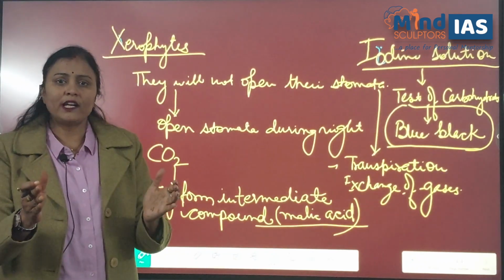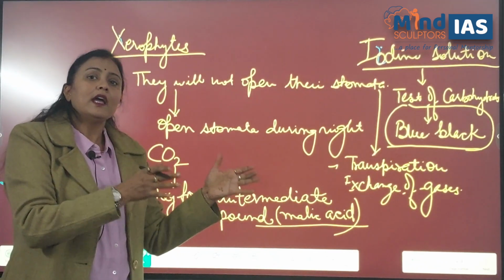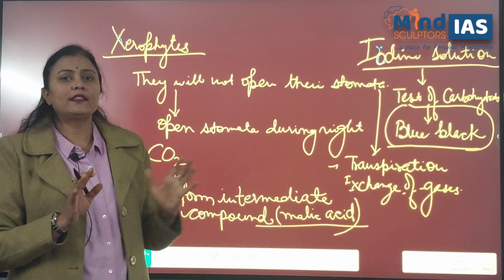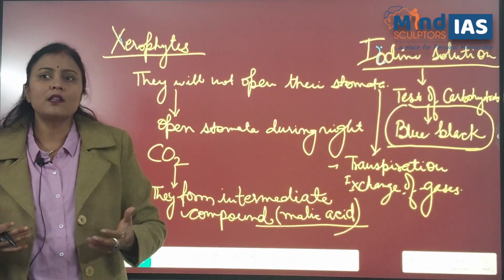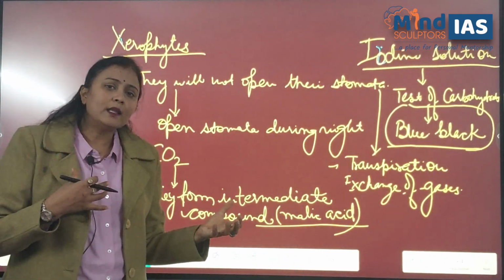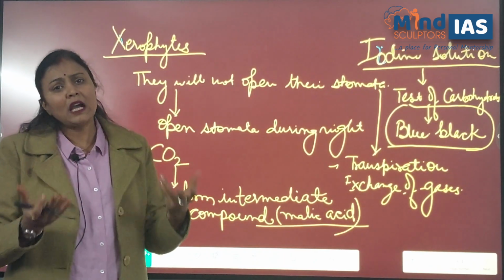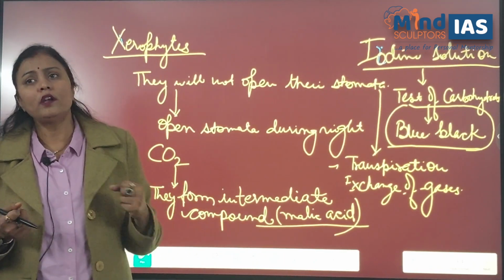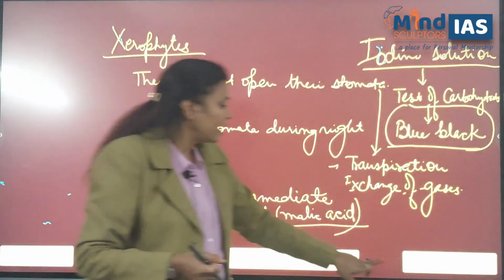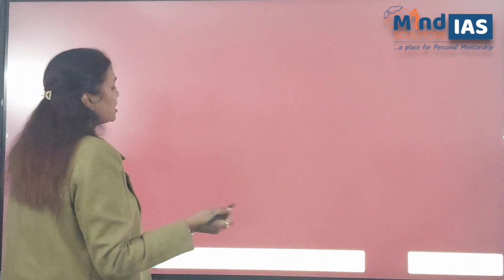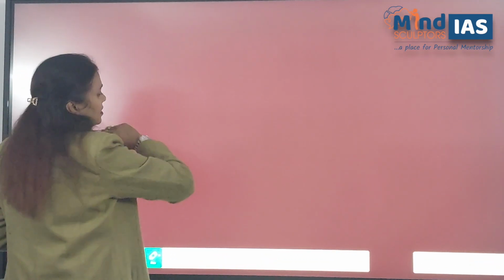They take the potted plant and keep it inside a dark room for 3 days, so that all the starch which is present in the plant is used up. After that, they take out the pot and keep it in the sunlight for 3 hours. So what have they done?